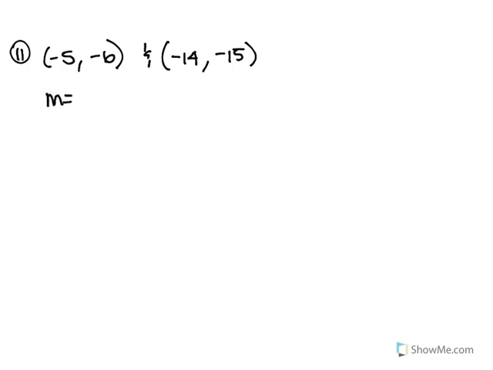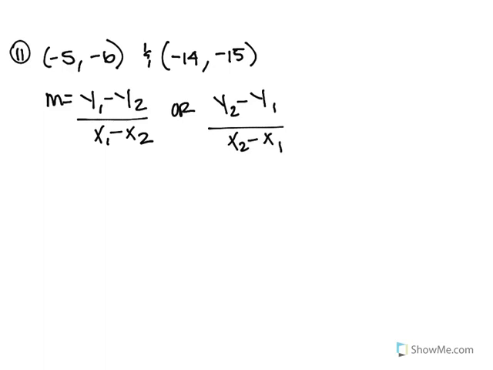But the formula for finding the slope is merely subtracting your y's over your x's. Now you can do the first coordinate before the second, or you can do the second coordinate before the first. They both produce the same slope. So I'm big in my classroom on using the first one because we read from left to right. But it does not matter.